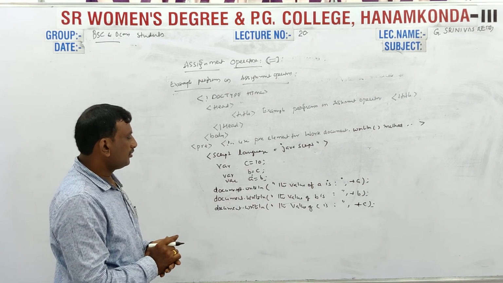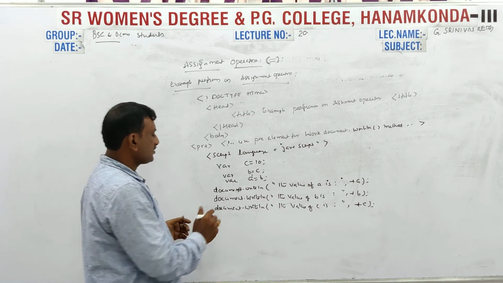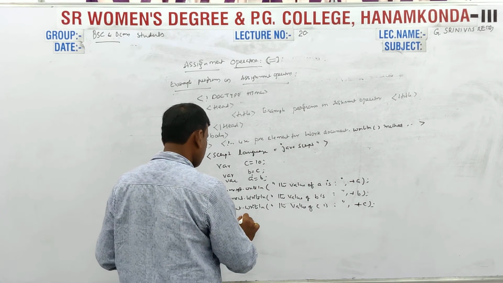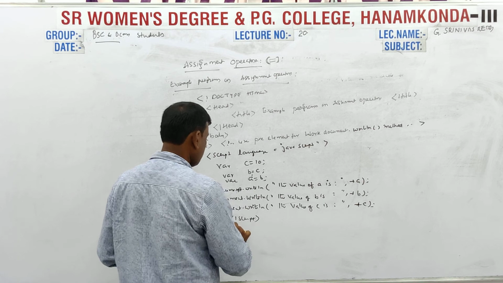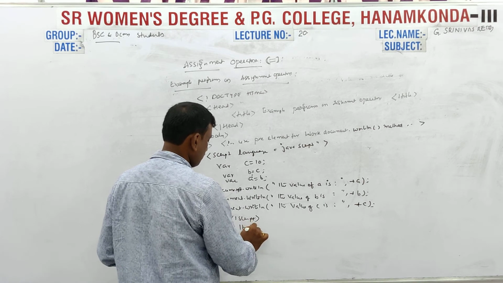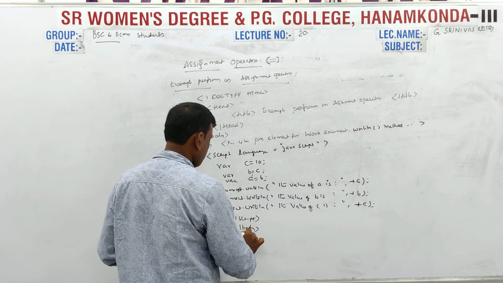A equal to 10, B equal to 10. Then just keep going on this one. Script close. Next, body close. Next, HTML close.